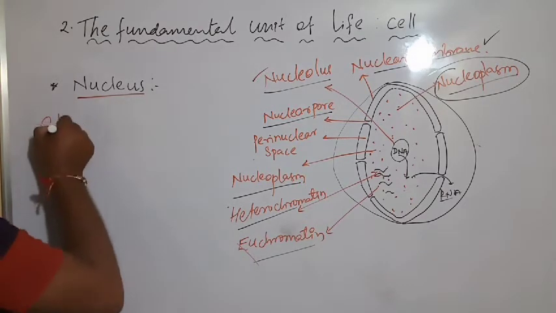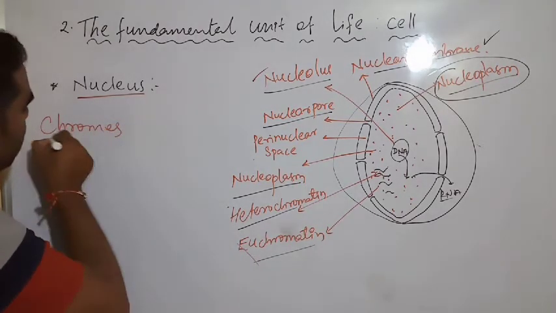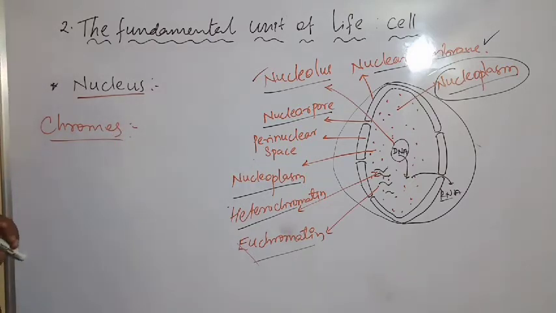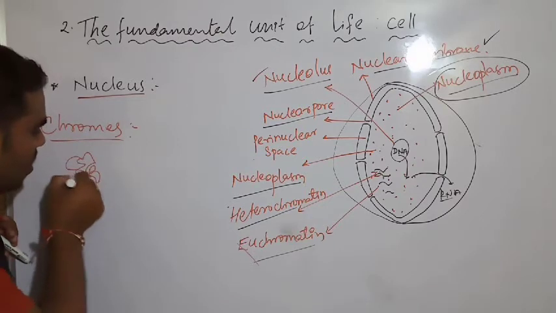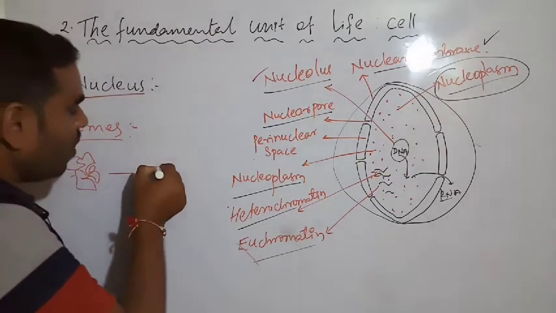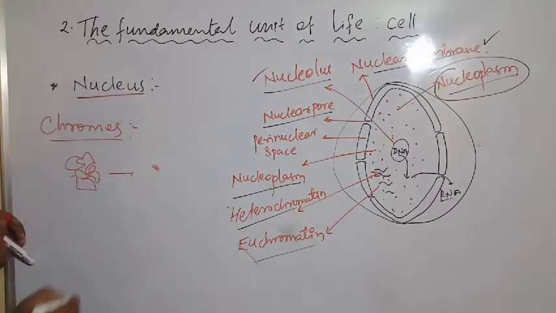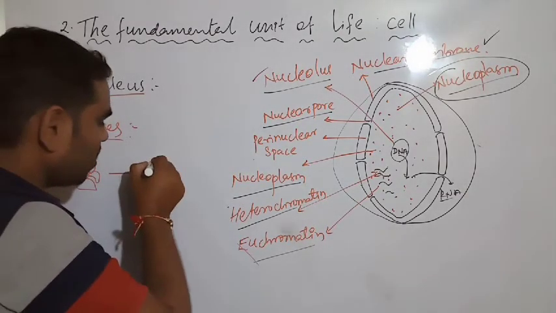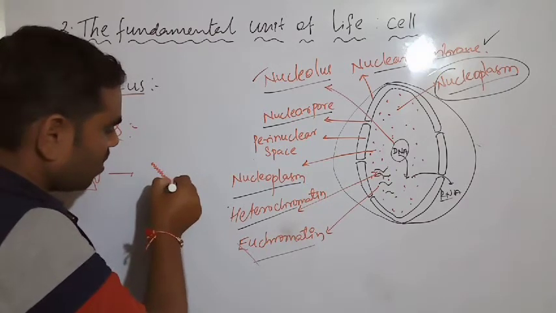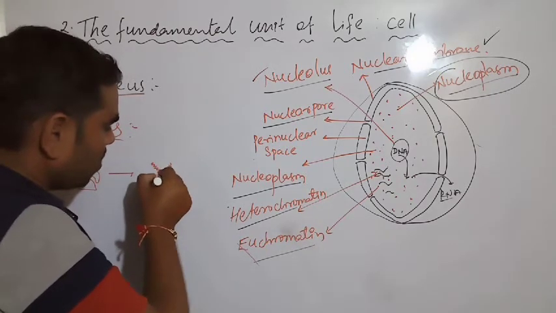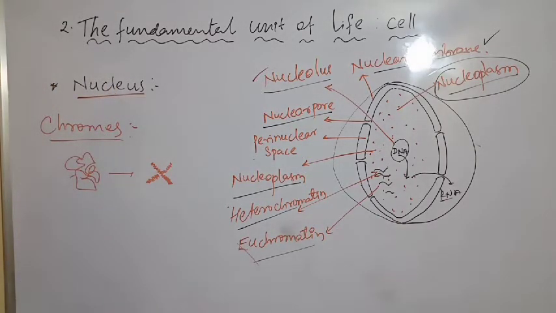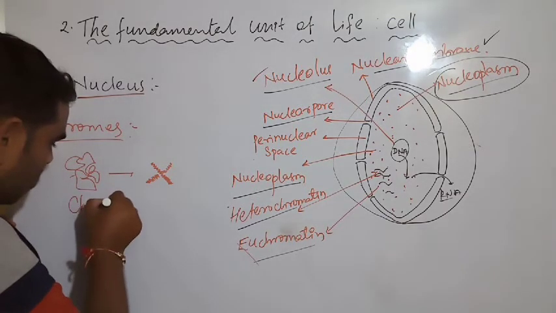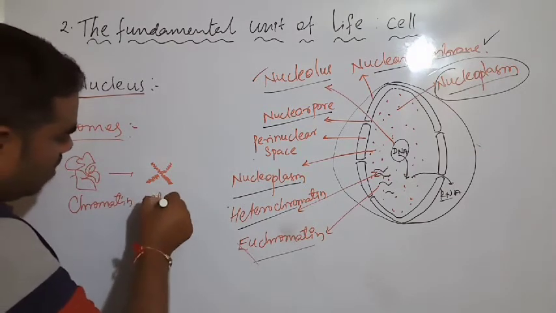See what will happen: the thread-like structure condenses and forms the chromosomes. See chromatin and chromosomes. This is chromatin and this is a chromosome.